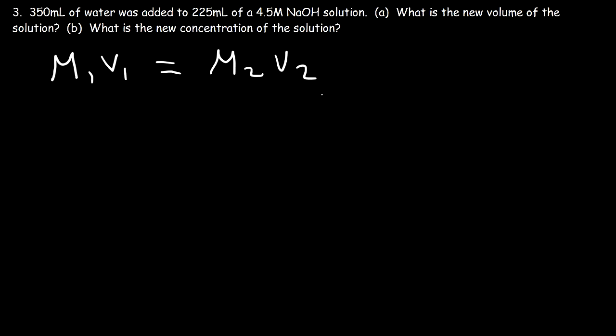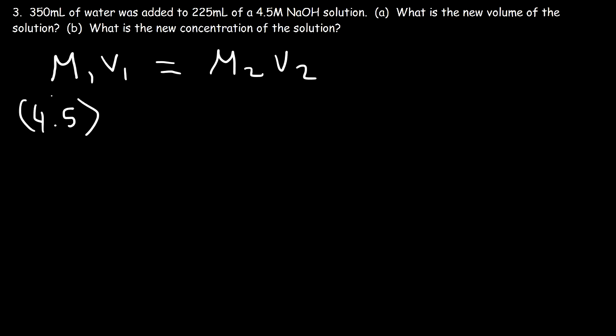So what's M1 in this problem? We're looking for the new concentration, so we're trying to find M2, which means M1 is the original concentration of 4.5. V1, what's V1 in this problem? We're also looking for the new volume, by the way.